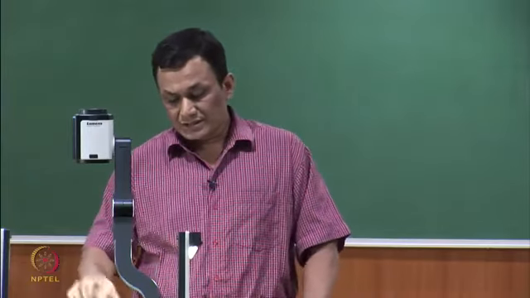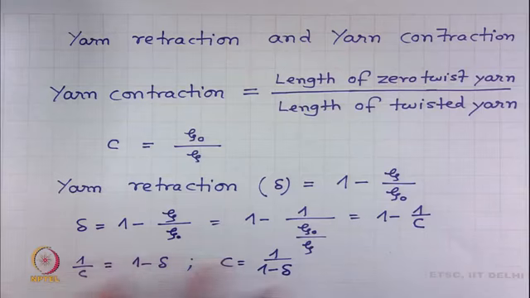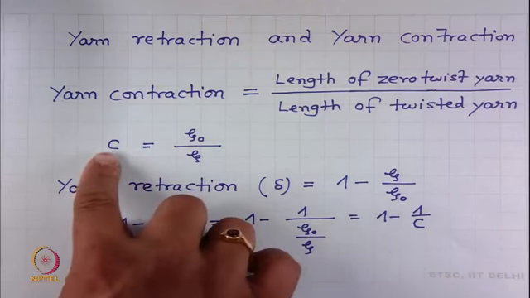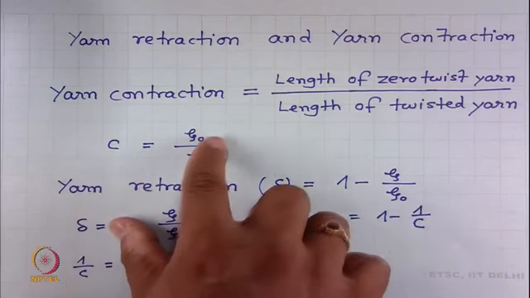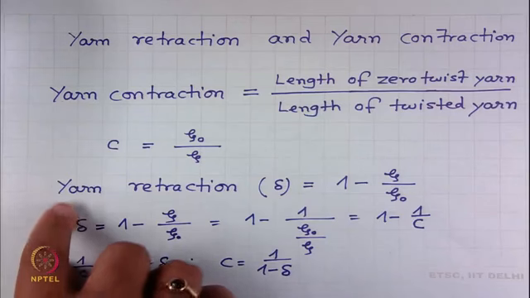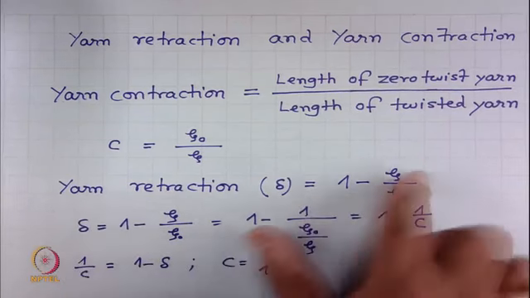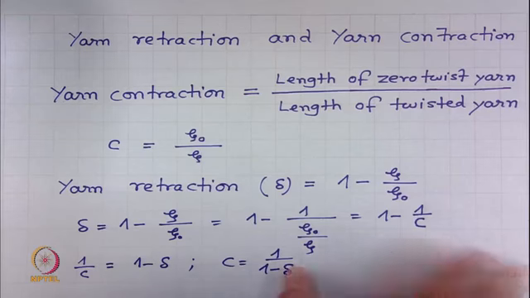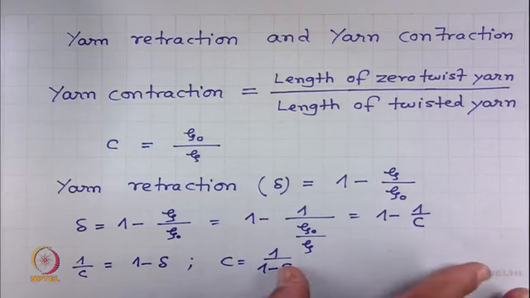Yarn contraction is defined by the length of zero twist yarn by the length of twisted yarn. As per our symbolism, capital C, yarn contraction, is equal to zeta naught by zeta. We know yarn retraction is 1 minus zeta by zeta naught. If we substitute, then finally we obtain yarn contraction equal to 1 divided by 1 minus yarn retraction.